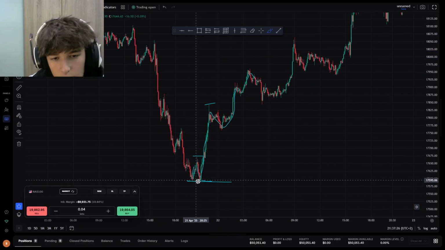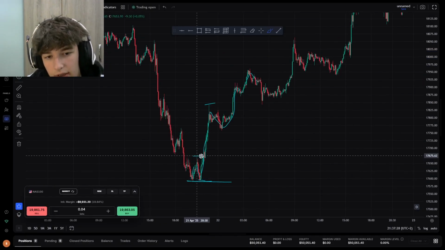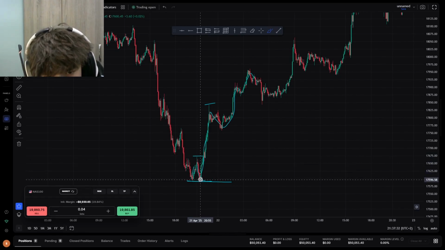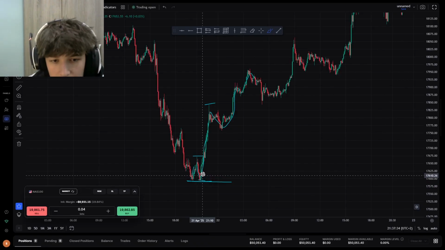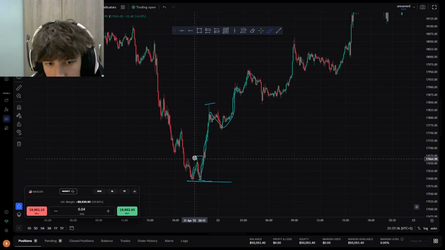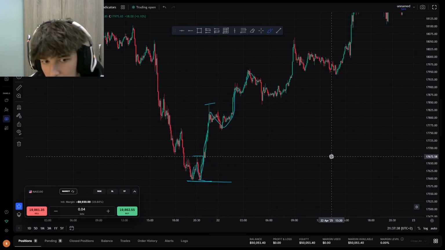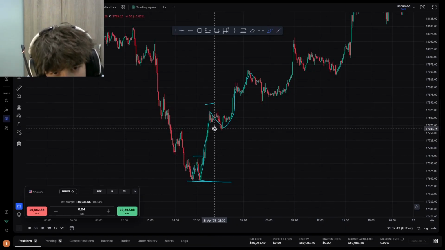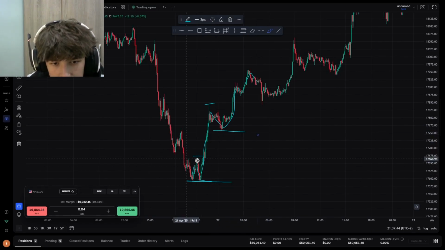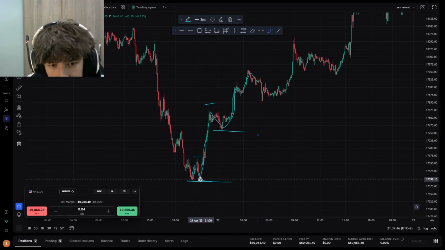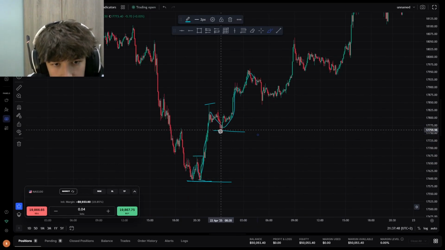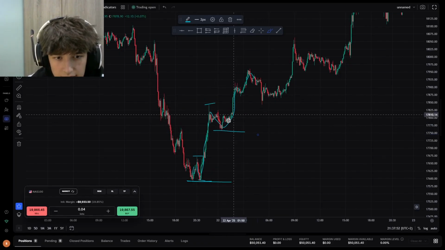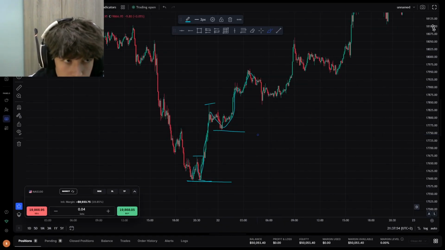So then we make a low here, and then we make a high right here, then we drop down a bit, make this low which is just a bit higher than the previous low, and then we make a high which is considerably higher than the previous high. I'm just saying high so many times. Then we have this low which is considerably higher than this previous low, and then we just continue in this trend basically. So this high is higher than this high, this low is higher than this low, and so on.